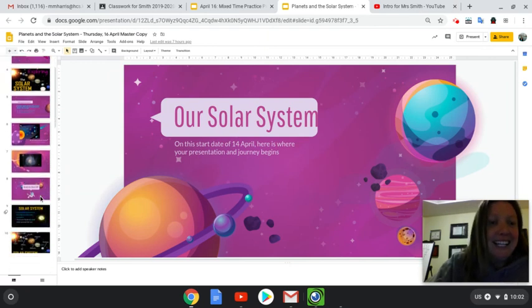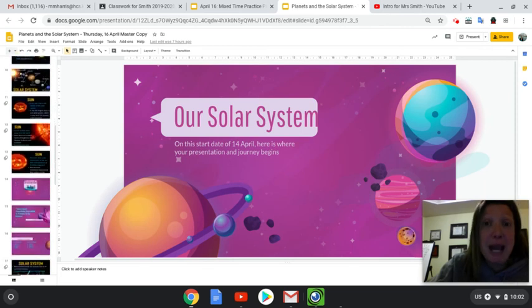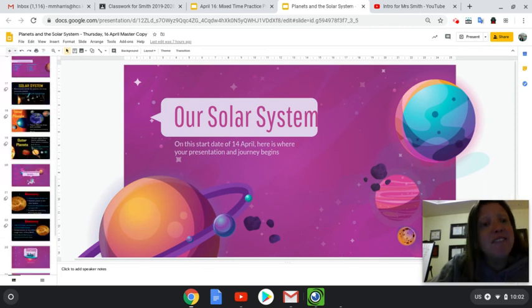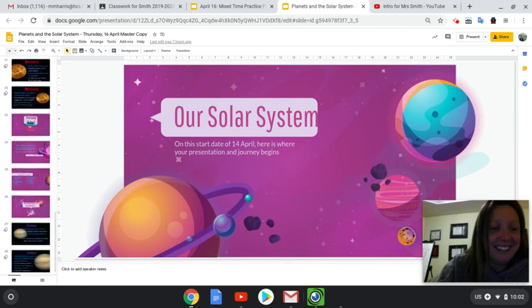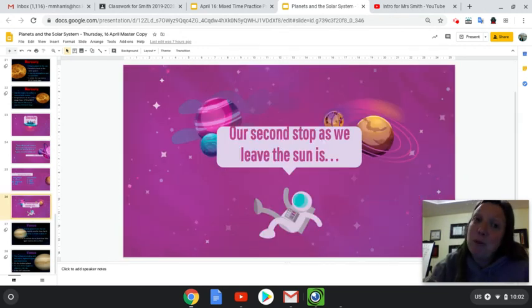Mercury. You continue your journey past Mercury and on to Venus today. Venus, which is the second planet from the sun. That's why it's our second stop after we leave the sun.